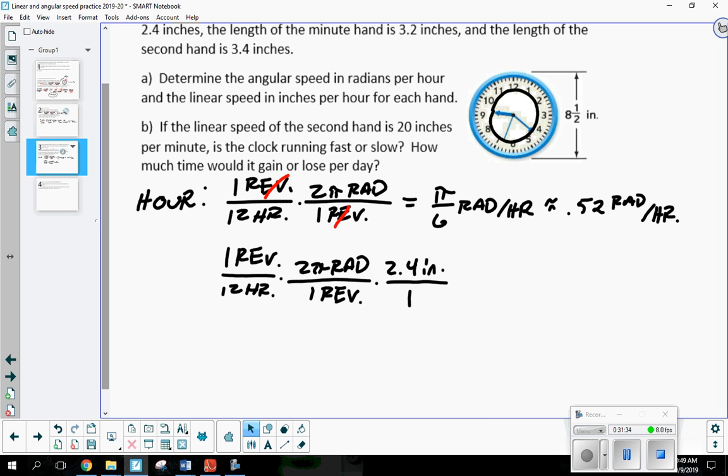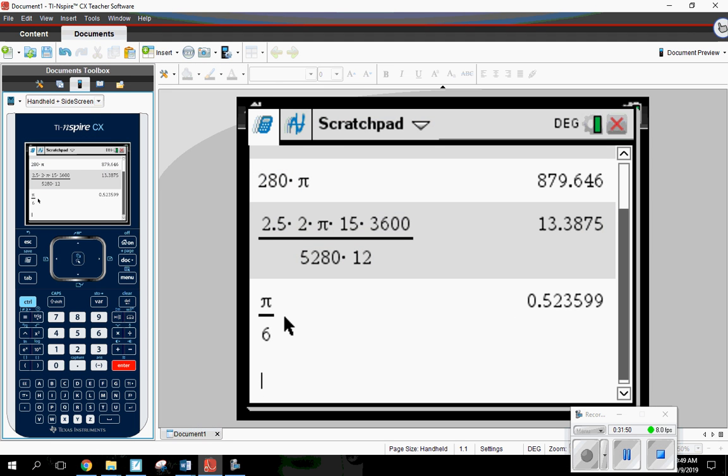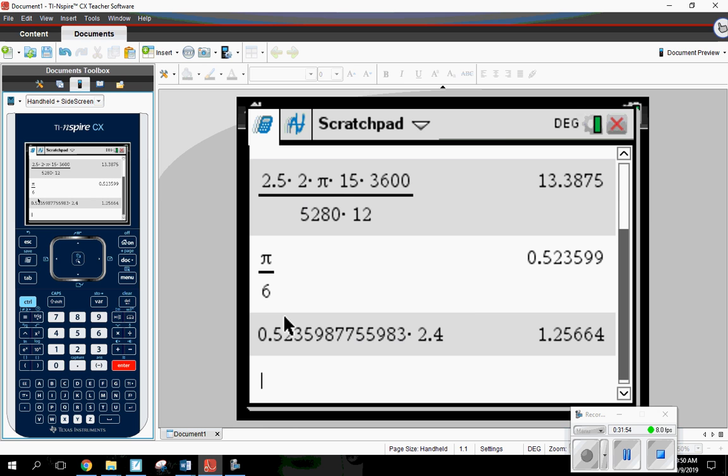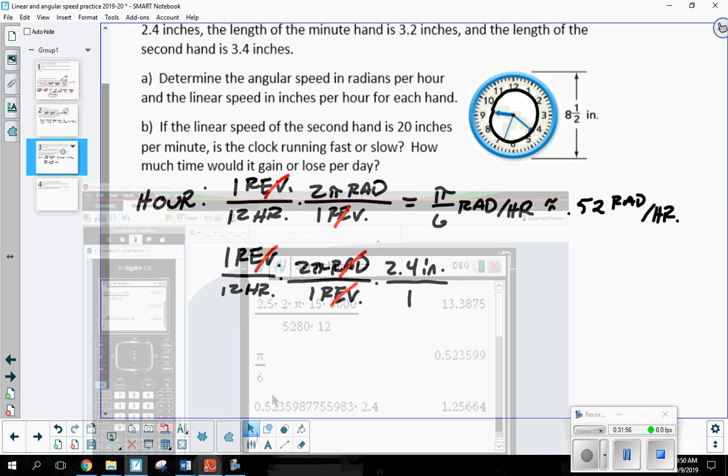After the revolutions cancel, now that I have inches, the radians no longer have a unit, and it's just a matter of multiplying through. I can multiply the pi over 6 that I previously had by 2.4. I have the decimal value right there times 2.4, and I'm getting 1.26.